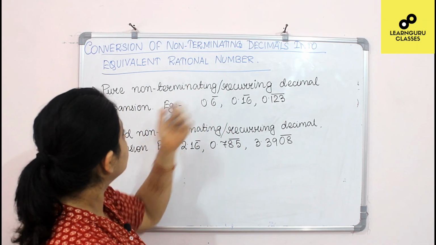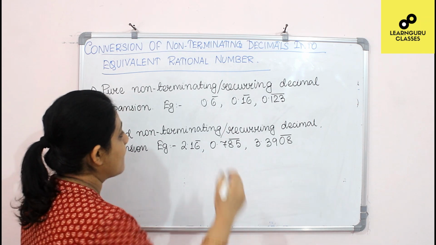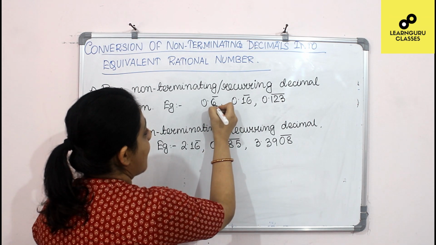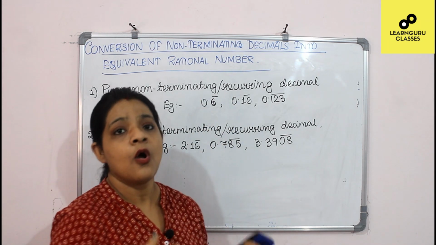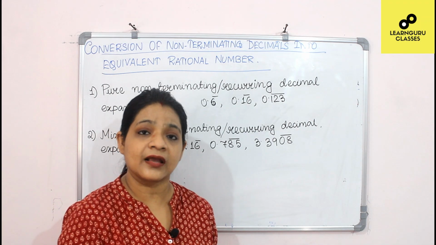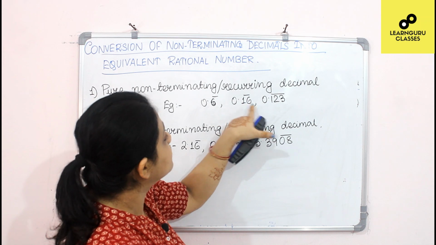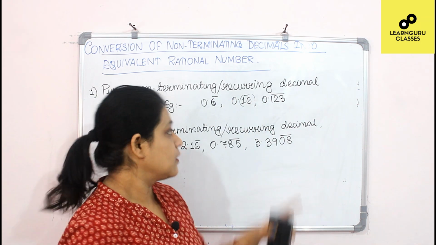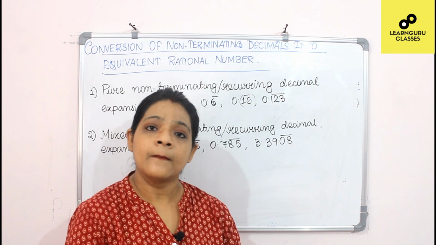Talking about pure non-terminating expansion, if you see the examples, after the decimal point all the numbers are being repeated, or all the numbers are recurring, under the bar. So 0.16 bar means the entire thing is under the bar. In 0.123, all 3 digits are under the bar.